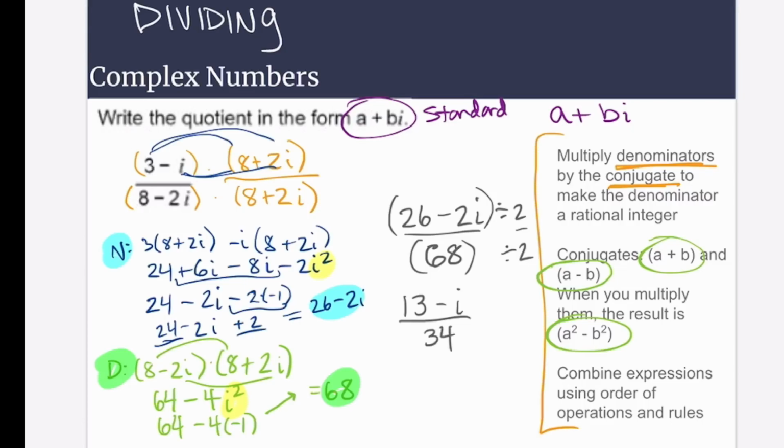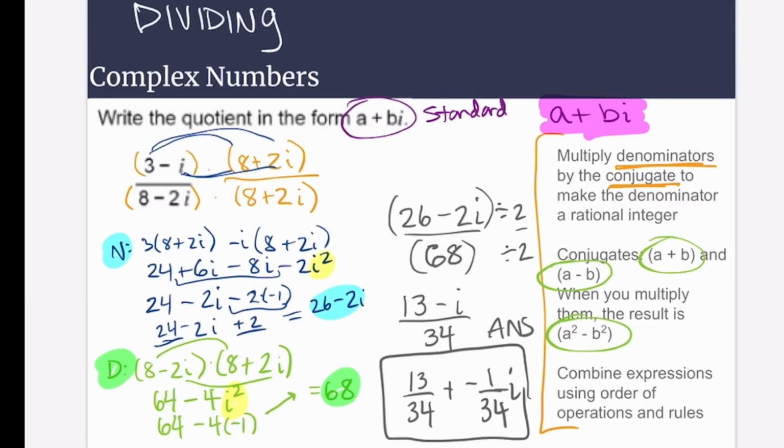Now this is typically how we write fractions, but the correct way to write this answer in standard form is to separate them into two separate pieces, which means this should be written as 13 over 34 as the a value, and then the b value should really be negative 1 over 34 times i.